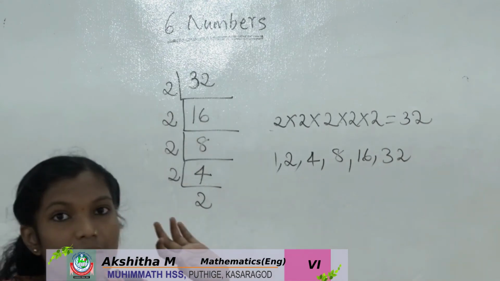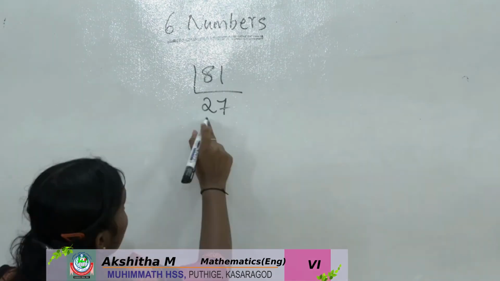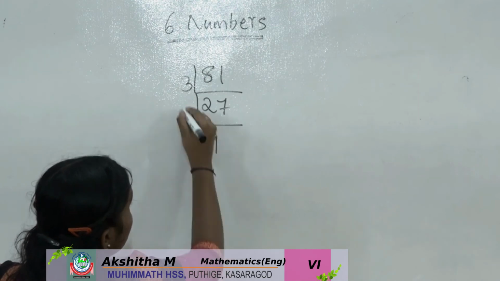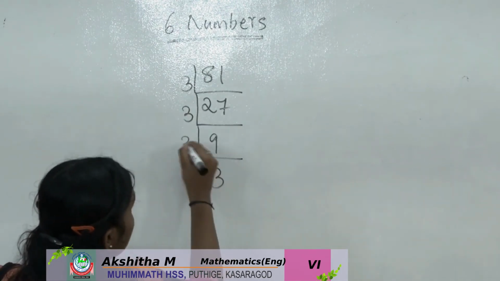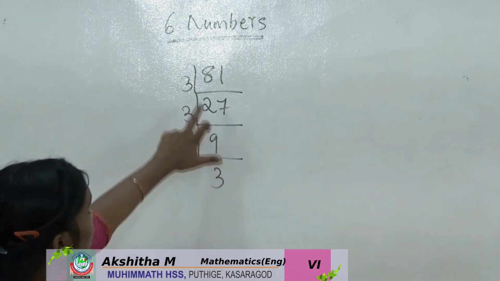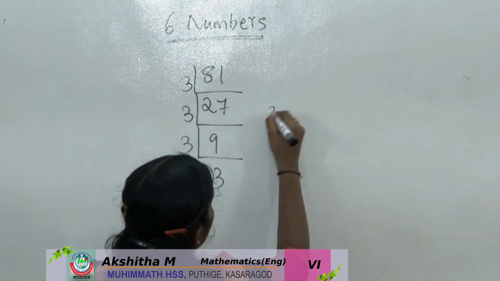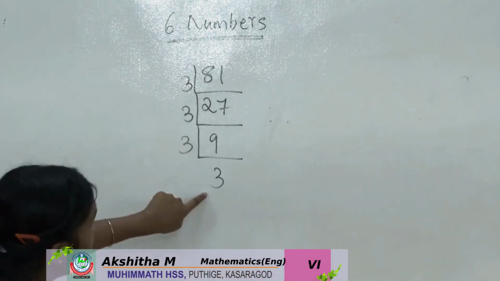Is it clear? Let us see the factors of 81. 27 threes are 81, 9 threes are 27, 3 threes are 9. So 3 into 3 into 3 into 3 is 81.